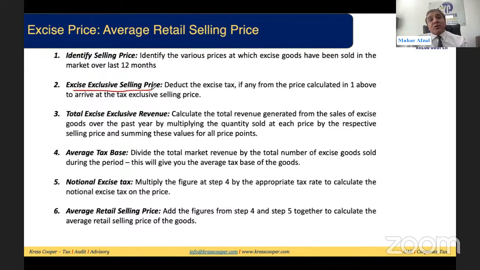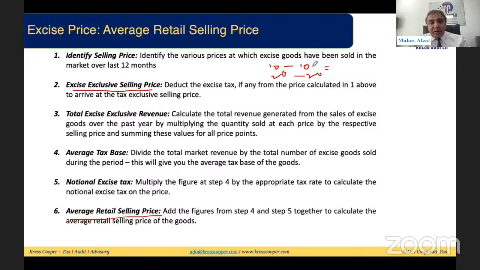To this notional price, you need to apply excise duty, and then you will get the average retail selling price. Looking at an example, for the average retail selling price you take some samples: quantity 10 and quantity 20, I'm taking two for the time being. Say the prices sold are 10 and 20.